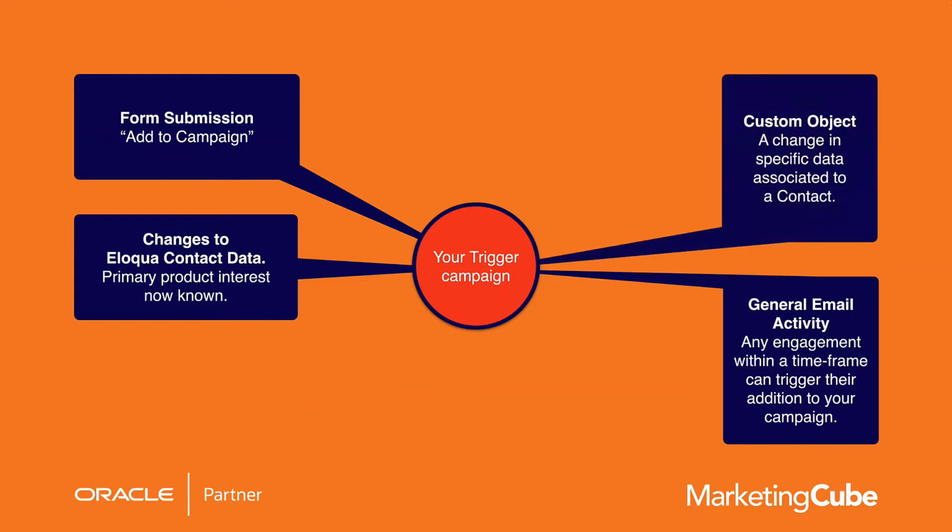Custom objects can also be a trigger. All of this, those last 3 points, are triggered from a segment and using filters in a segment. So if there are custom object changes, or specific information that is now known, perhaps that could be a trigger. But it's not always the positive, that yes, we have certain data available.